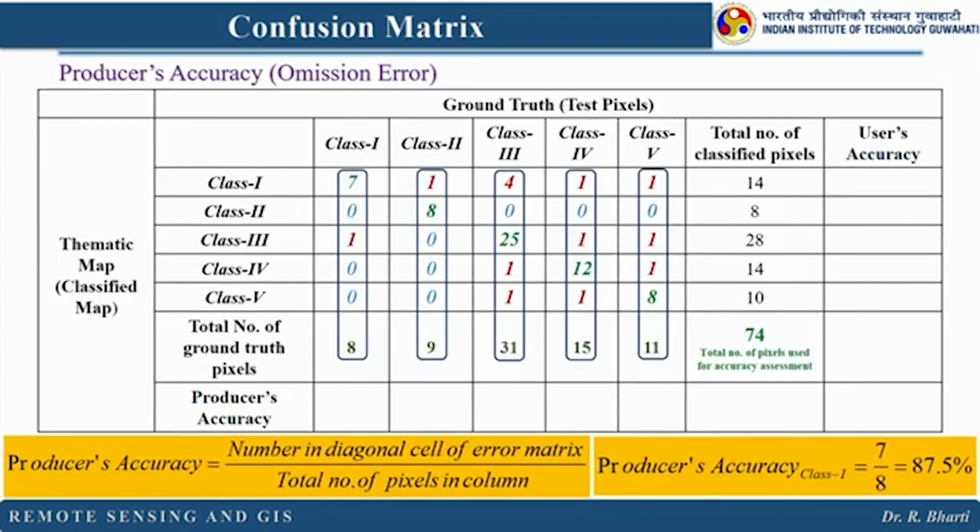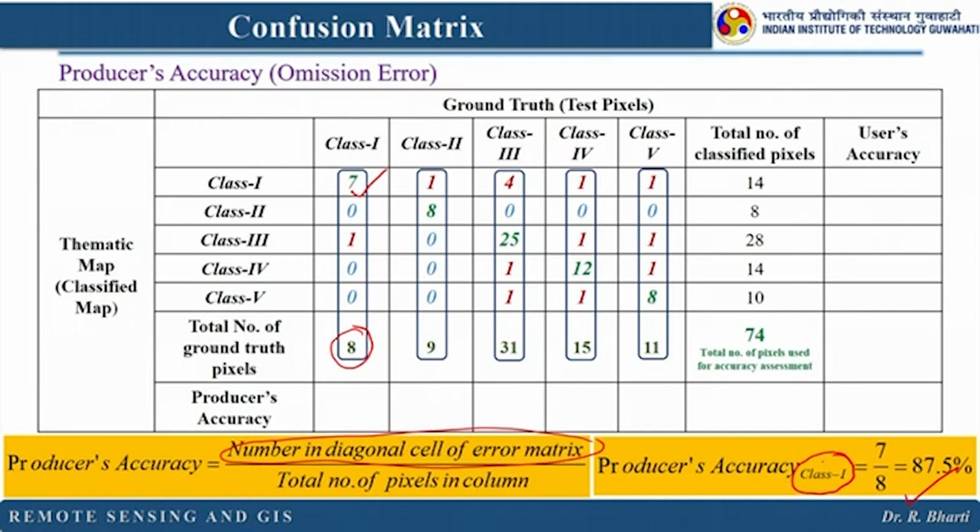So, let us calculate producer's accuracy. Here the diagonal cells in the error matrix are the pixels correctly classified by your algorithm. Out of 8, only 7 are correctly classified. If you calculate that, you will get the producer accuracy of class 1, right.